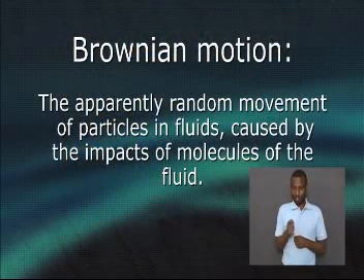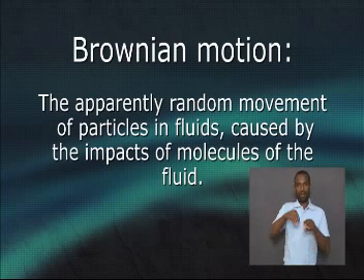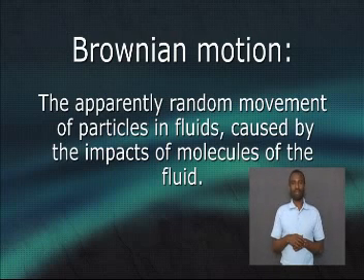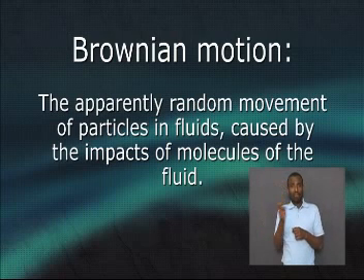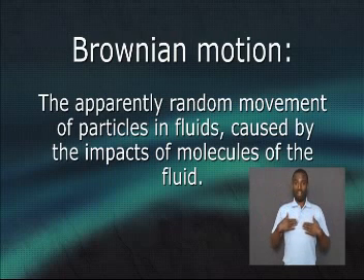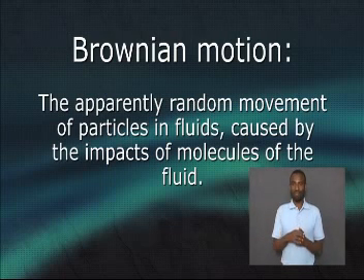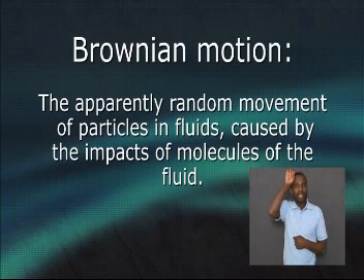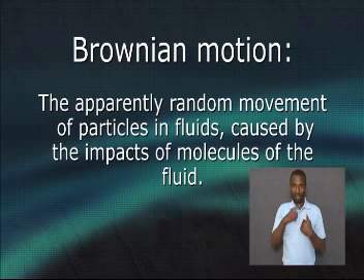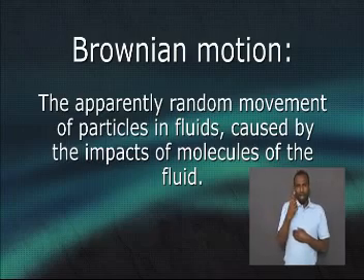Therefore, Brownian motion is defined as the apparently random movement of particles in fluids caused by the impacts of molecules of the fluid. This discovery was an especially important one in Einstein's studies, which used Brownian motion to provide some credibility to the existence of atoms.